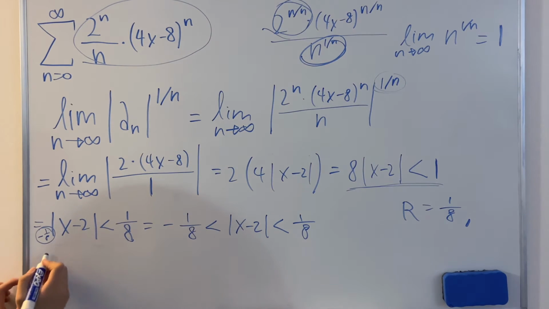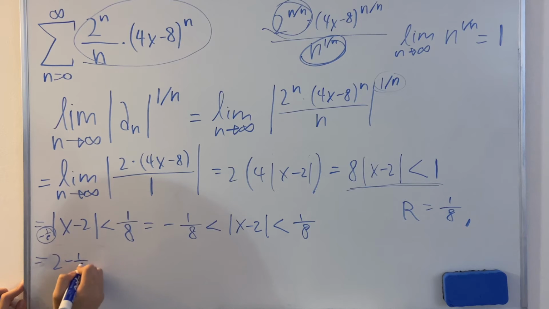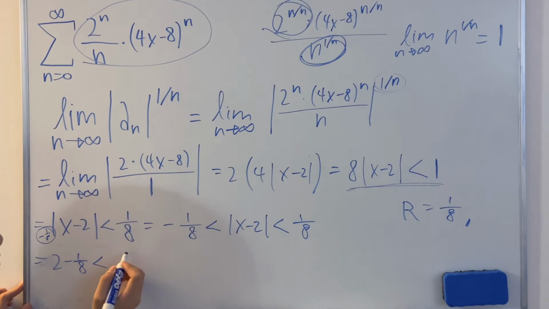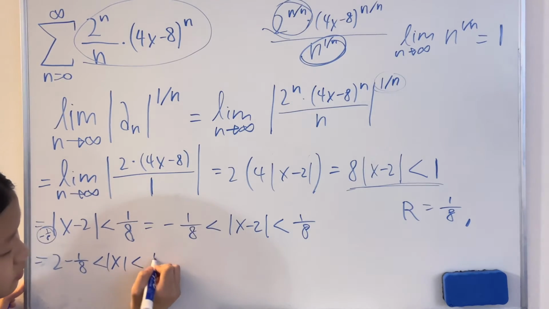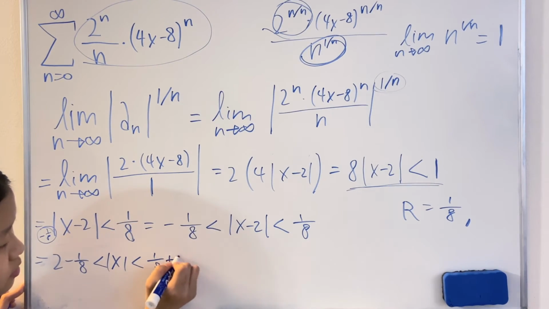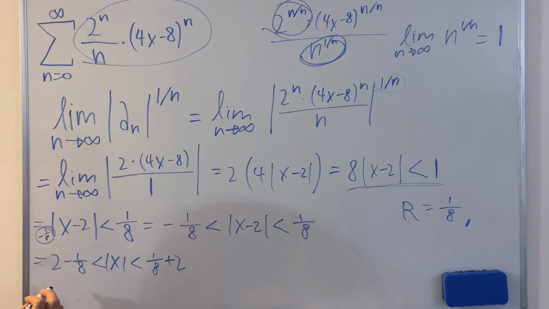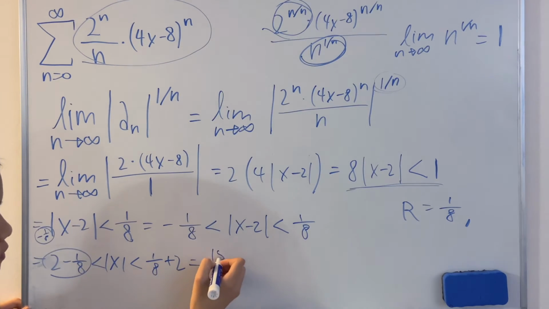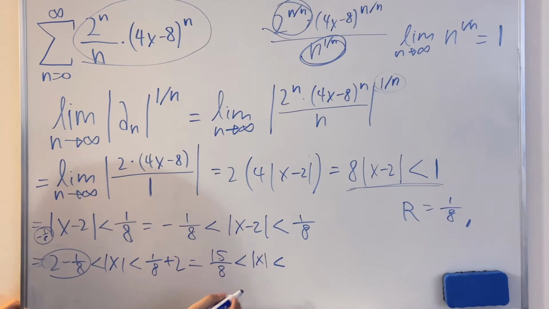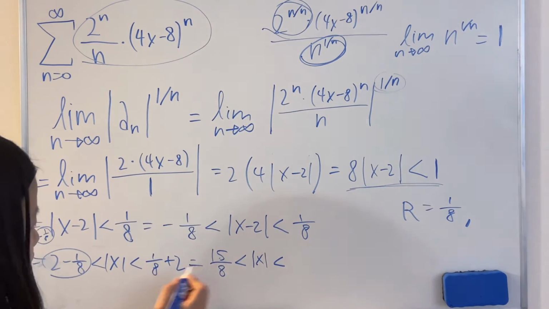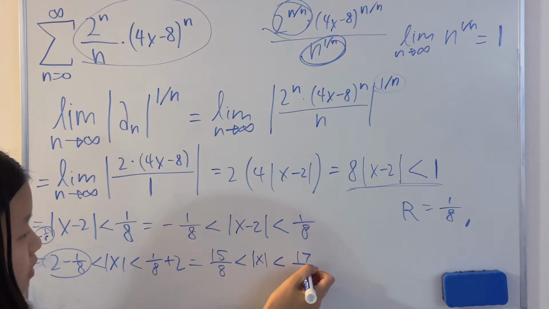Add 2 on both sides, and you have 2 minus 1 over 8 is smaller than x, which is smaller than 1 over 8 plus 2. If we calculate this, we'll get 15 divided by 8 is smaller than x, and that is smaller than 17 divided by 8.